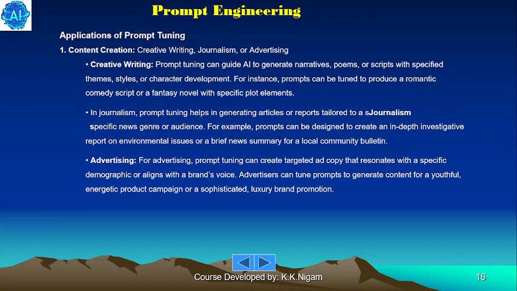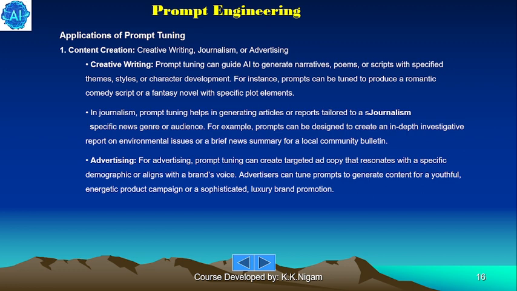Applications of prompt tuning. Content creation: creative writing, journalism, or advertising. Creative writing: prompt tuning can guide AI to generate narratives, poems, or scripts with specified themes, styles, or character development. For instance, prompts can be tuned to produce a romantic or comedy script or a fantasy novel with specific plot elements.